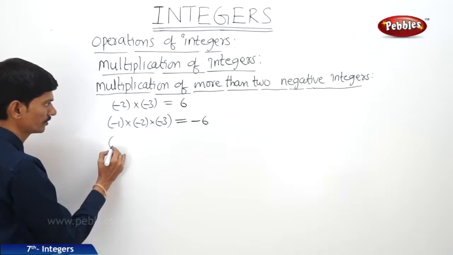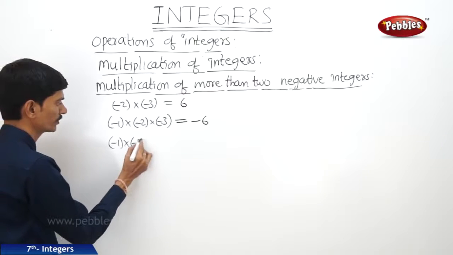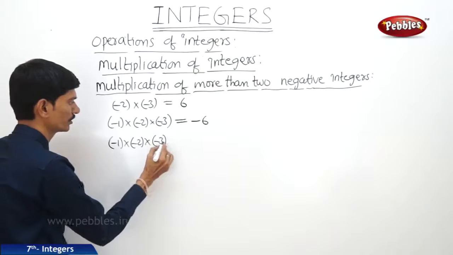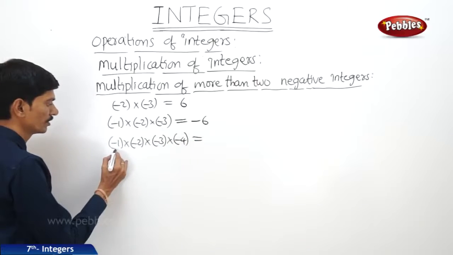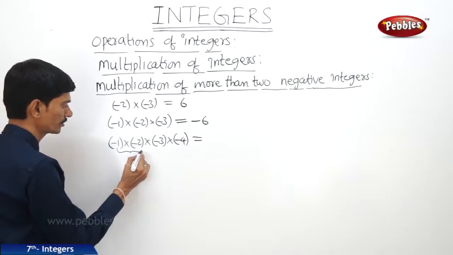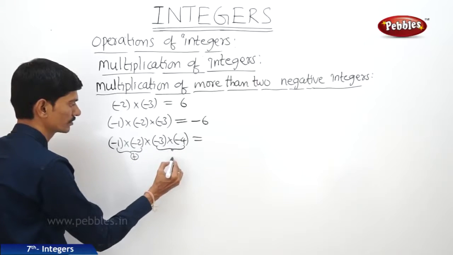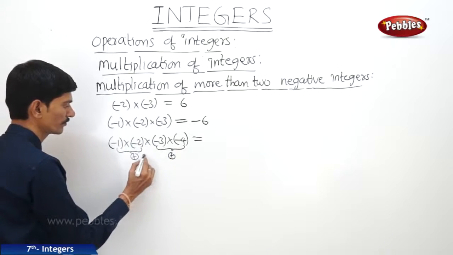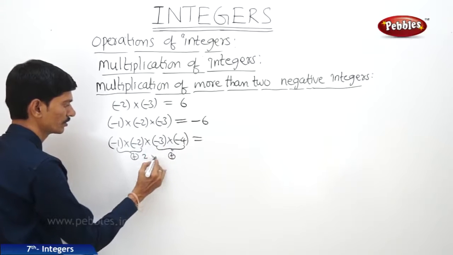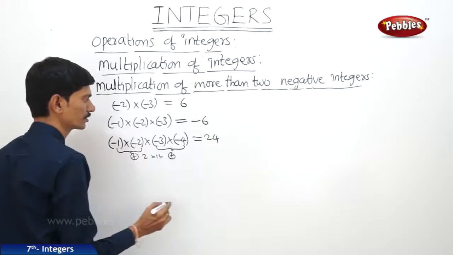And when you multiply four negative integers, minus 1 into minus 2 into minus 3 into minus 4, the product of these two negative integers is a positive integer, and the product of these two negative integers is a positive integer. Then 1 2s are 2 and 3 4s are 12, so 2 into 12 is 24, so the product is a positive integer.